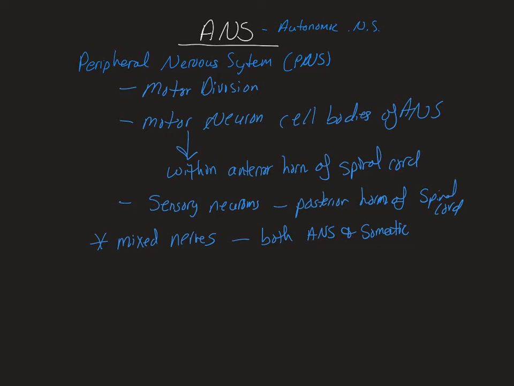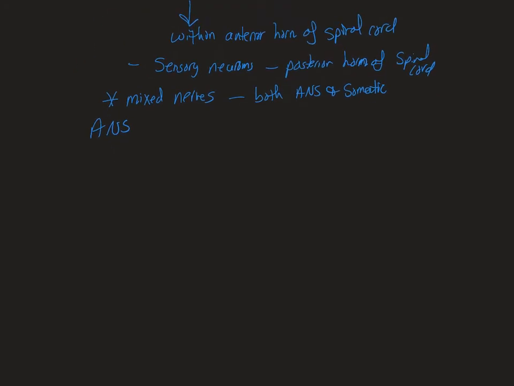Okay, now for the autonomic nervous system, it's going to be specializing in serving viscera and other involuntary organs of the body.